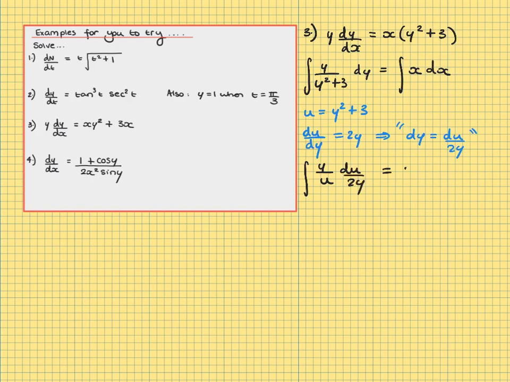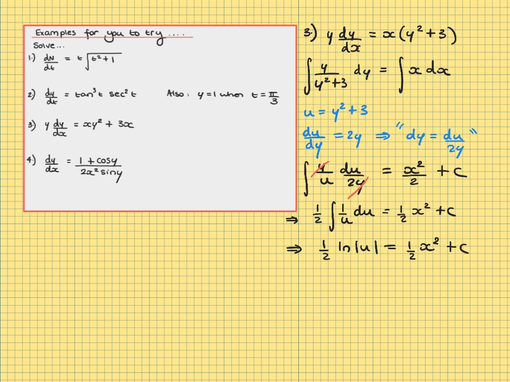The right-hand side of my integral simply becomes x squared over 2, and I'll include the constant on that side. Y cancels over here, and we're left with a half the integral of 1 over u du equals a half x squared plus c, which gives me a half ln mod u equals a half x squared plus c.